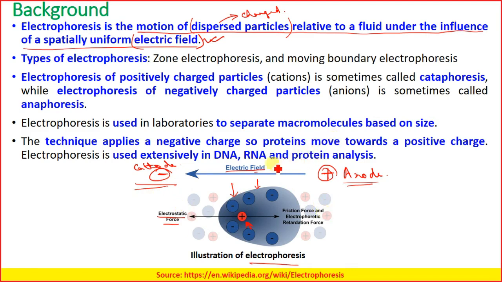and it is quite possible that if this cation is associated with certain anions, then within this layer, those anions will also move, because this aqueous layer or the fluidic layer is also getting dragged along with this cation.